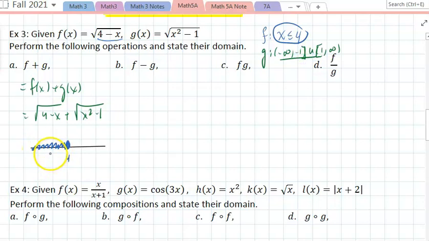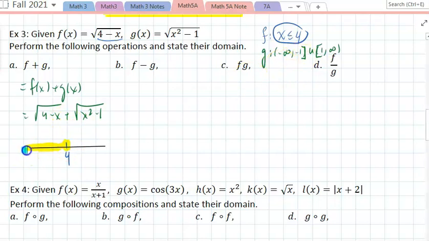So negative infinity to negative 1, union with 1 to infinity. A better way is to use the colors. 4 included and to the left.